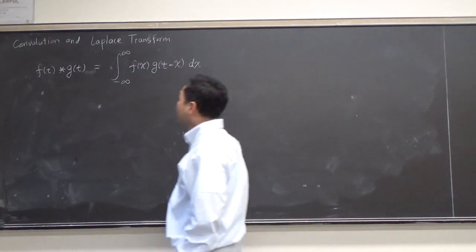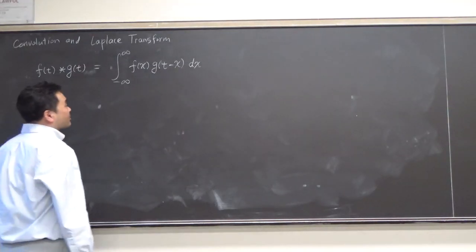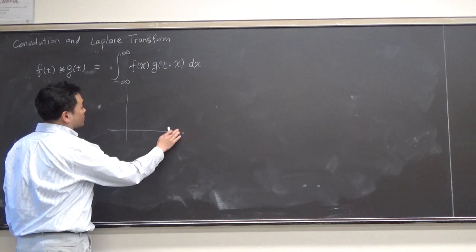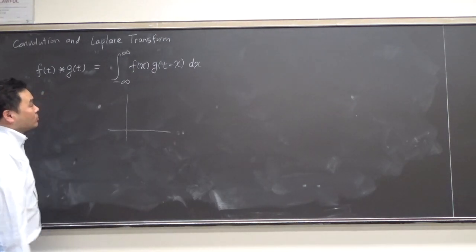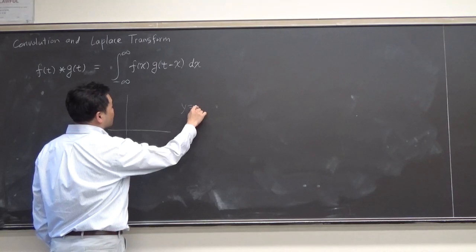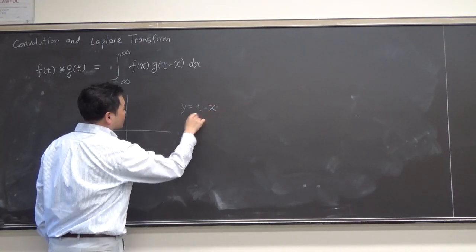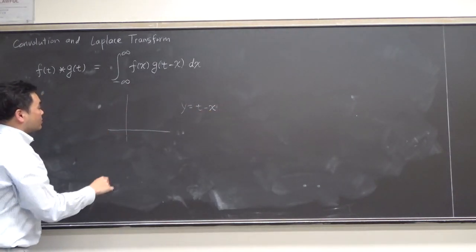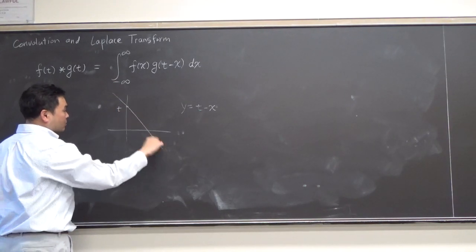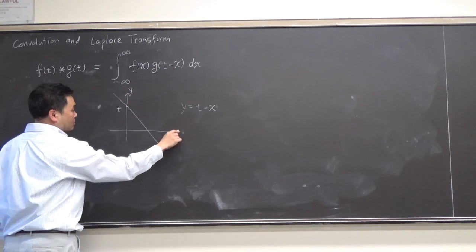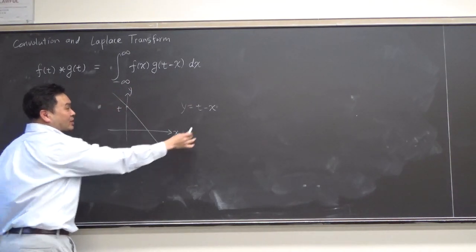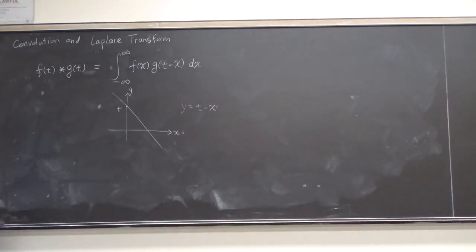Well, what does that mean? See, if you have y equals t minus x, that's like, here's t, t is like the y-intercept, and the slope is negative 1 times x, right?